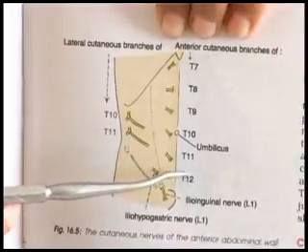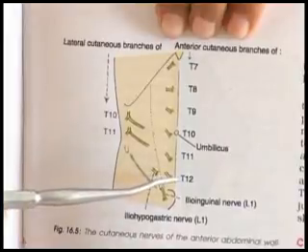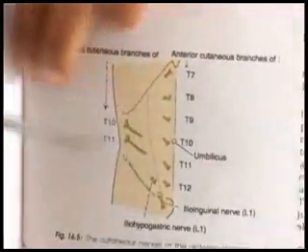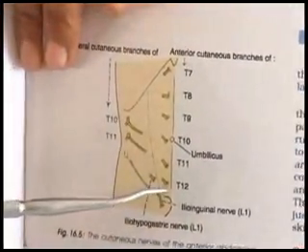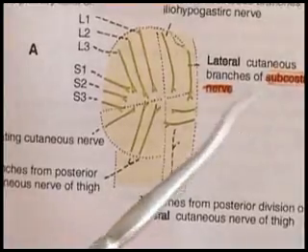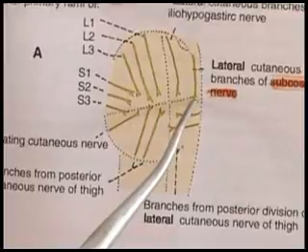T12, or thoracic 12, is known as the subcostal nerve as it is not placed in an intercostal space. It also supplies muscles of the anterior abdominal wall. It also gives a cutaneous branch for the gluteal region.